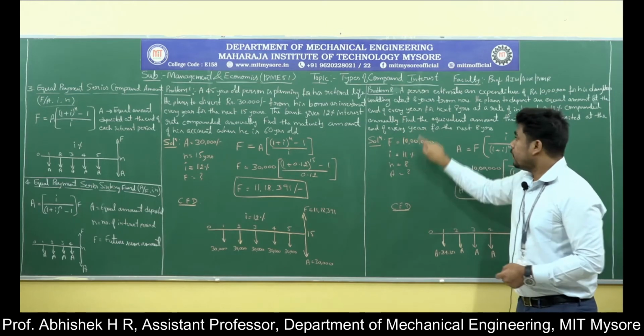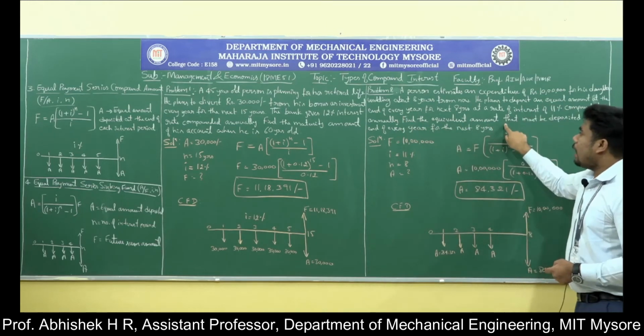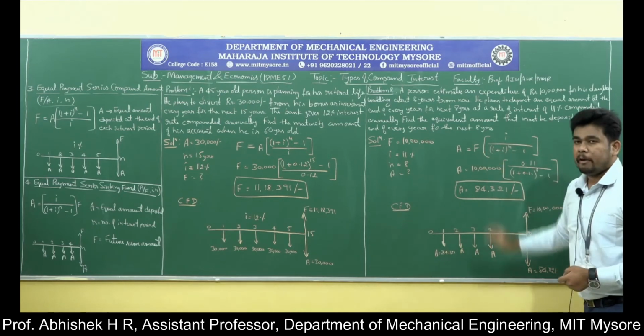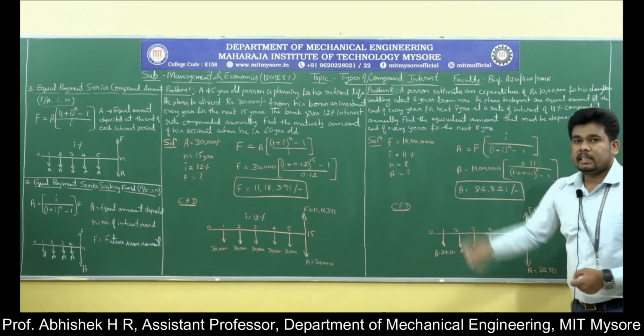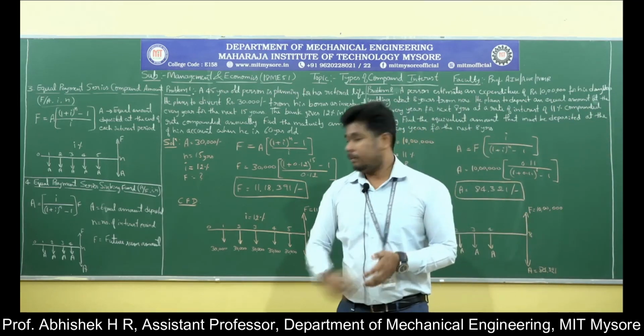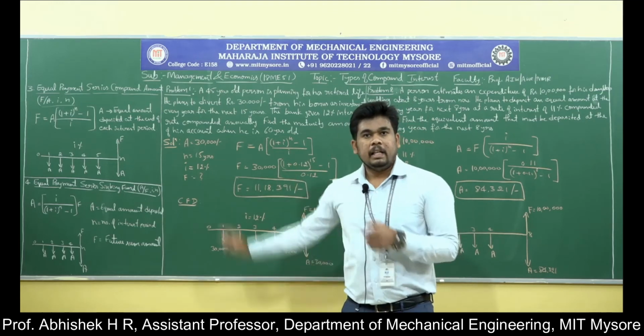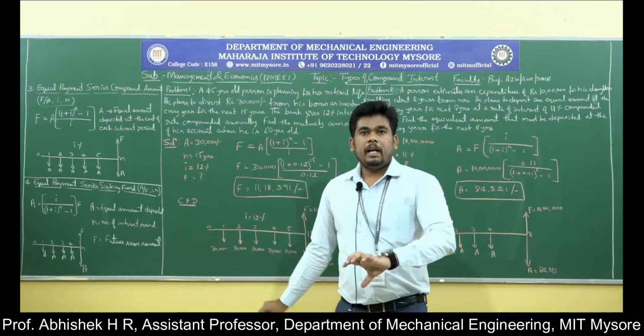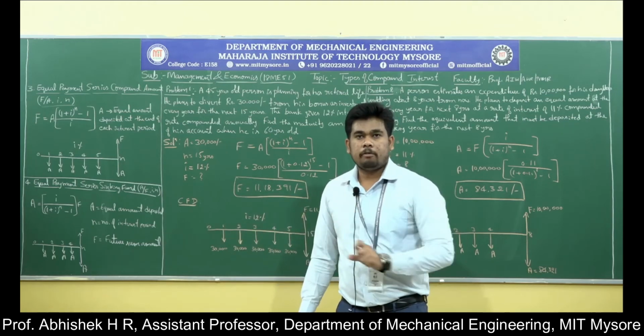Find the equivalent amount that must be deposited at the end of every year for the next 8 years. Just the reverse of your previous problem, the third condition. There you had the annual equal amount and had to find the future sum of amount.